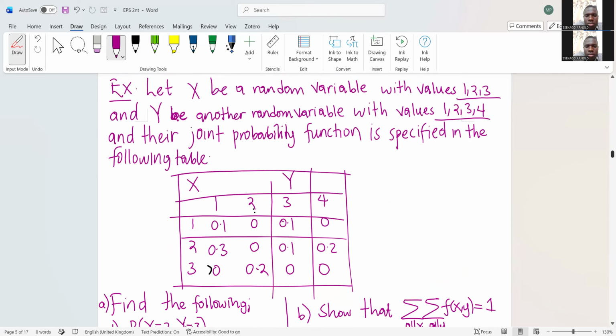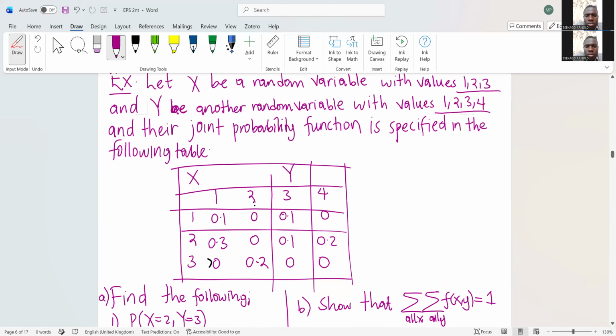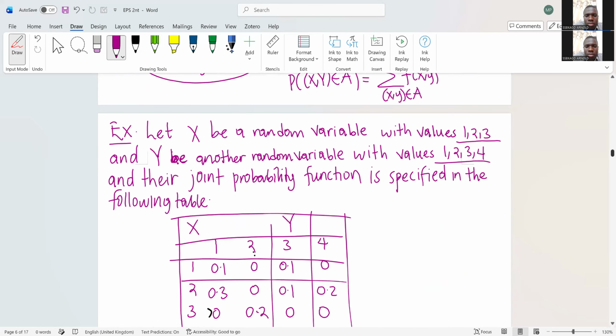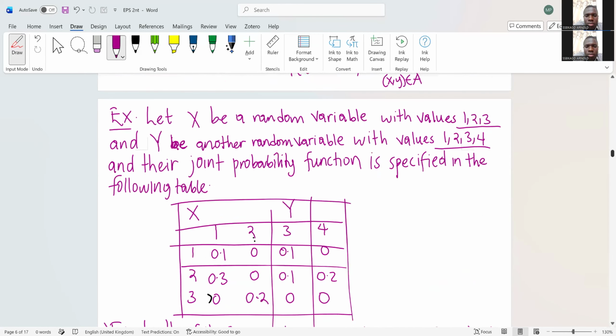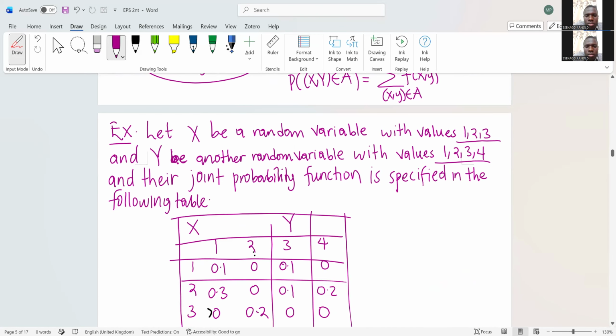So we have this example. What does this example say? Let X be a random variable which takes on values 1, 2, and 3. Now you see, we have a random variable X and Y is another random variable, bringing out the essence of joint.